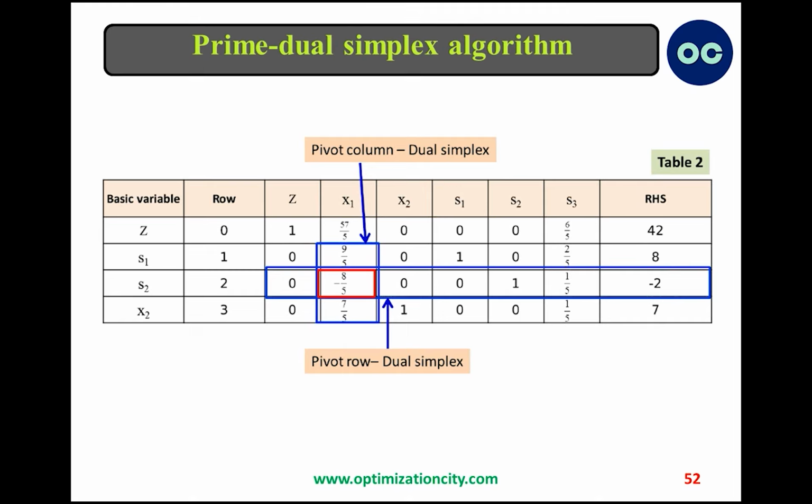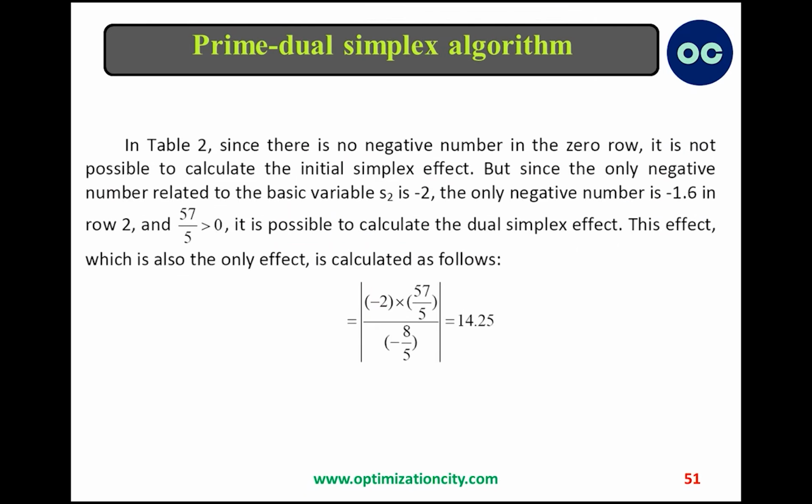Only the negative value -2 is associated with the basic variable S2, and the only negative number in row 2 is -1.6, and the coefficient of this variable in the objective function is positive, so we can calculate the dual simplex effect. This is the only effect in this case, calculated as follows. Here is the calculation, and the dual simplex effect would be 14.25.